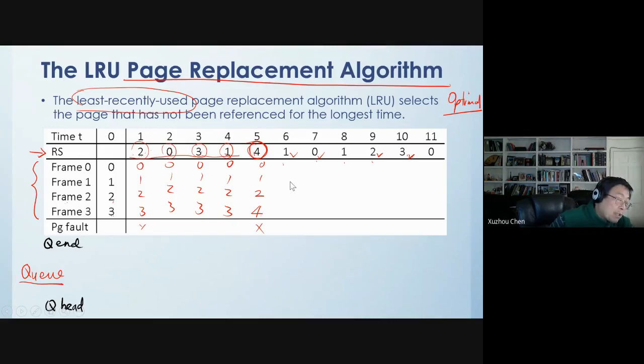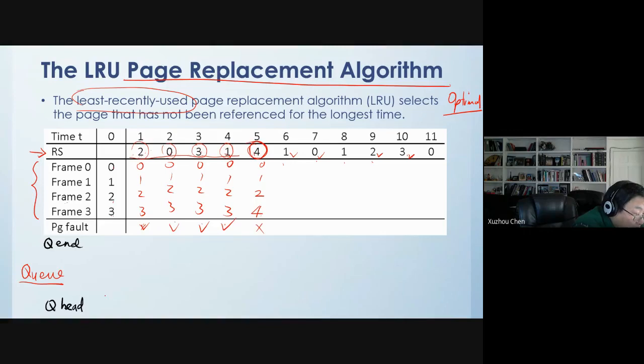So then we come up with FIFO, first come, first served. FIFO basically replaces the oldest one in the physical memory. So for this 4, we have no page fault, right? Once page 4 is referenced, we can check which one is at the head.